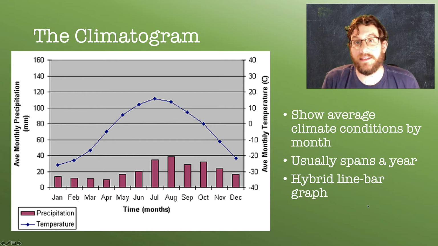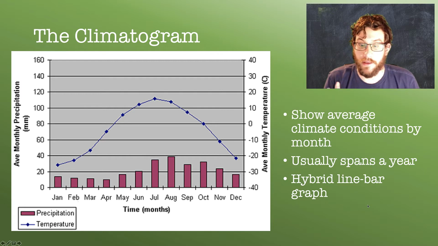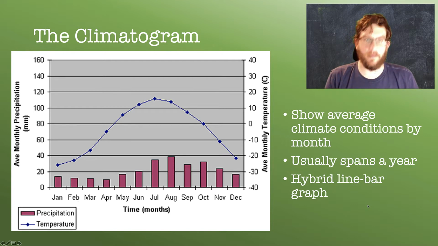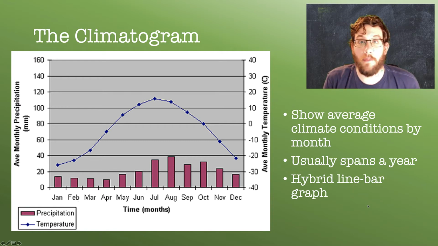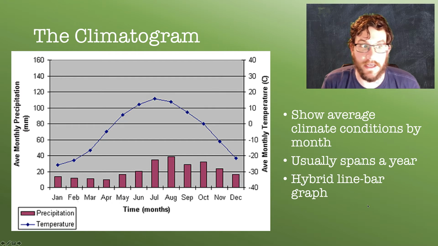Now, my piece of advice is this. My students will always get this wrong at first. Be careful of which y-axis you're looking at, because they are not at the same scale. I'll ask questions, for example, for this climatogram, what is the maximum temperature? And I'll have students look at the line graph and automatically go to the left where they're used to seeing the data they need shown and say, oh, about 150 degrees Celsius.